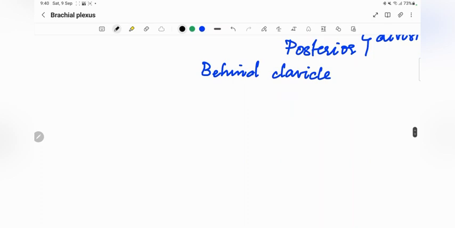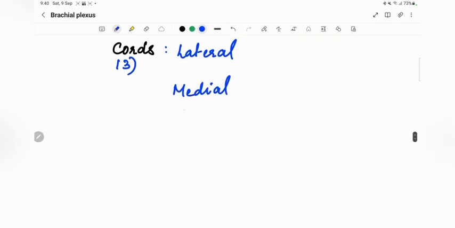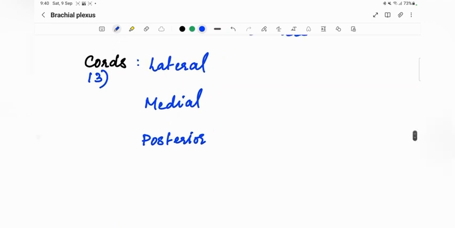So we have three cords: the lateral, then we have the medial, then we have the posterior cord. So how is the lateral cord formed? The lateral cord is formed by the anterior division of the upper and the middle trunk.